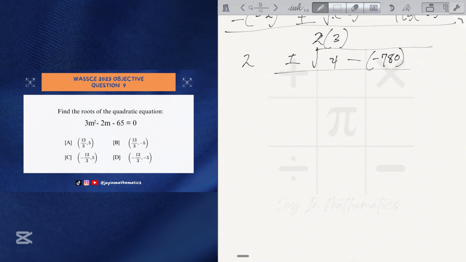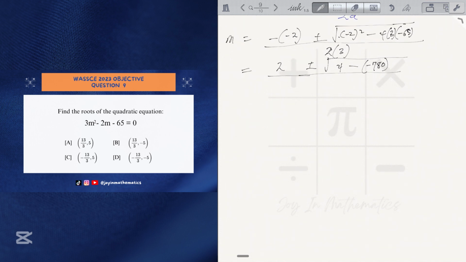And 2 multiplied by 3 is 6. So we have 2 plus or minus the square root of 4 plus 780, divided by 6, which is 2 plus or minus the square root of 784 divided by 6.